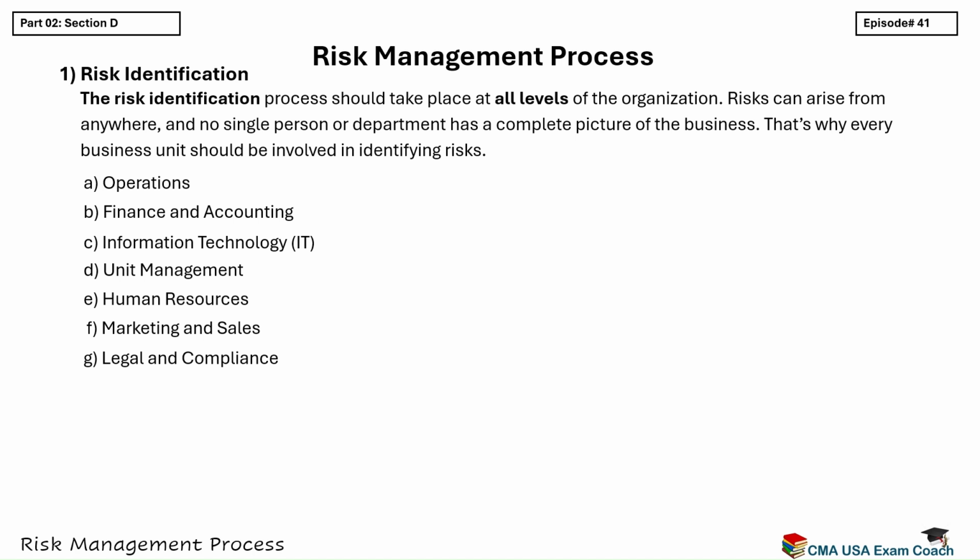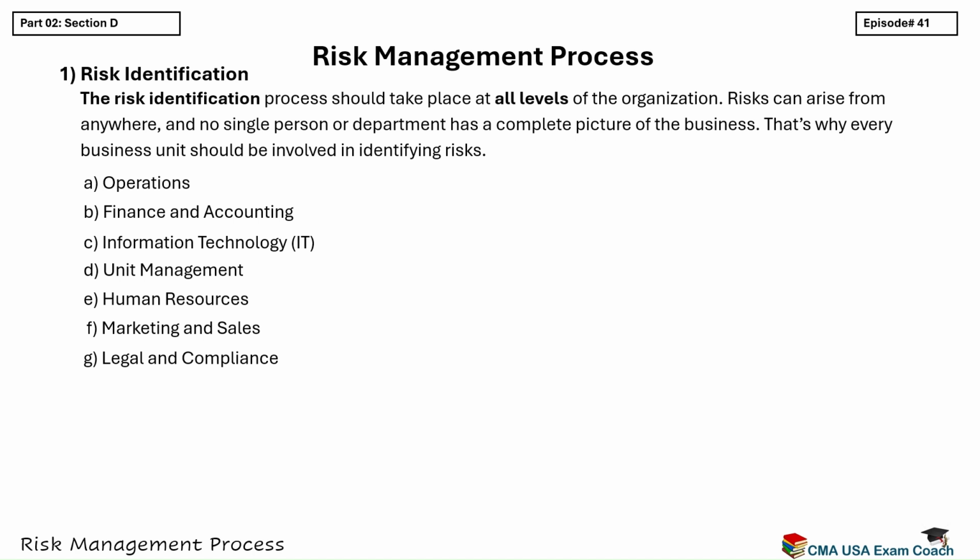E. Human resources. The HR department can highlight risks related to employee satisfaction, labor disputes, compliance with labor laws, and talent retention. Without strong HR, other functions may also suffer. F. Marketing and sales. This team faces risks such as changing customer preferences, competition, pricing pressures, or loss of market share.